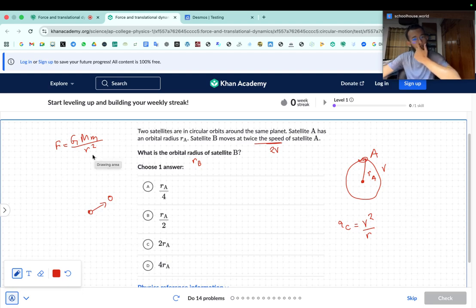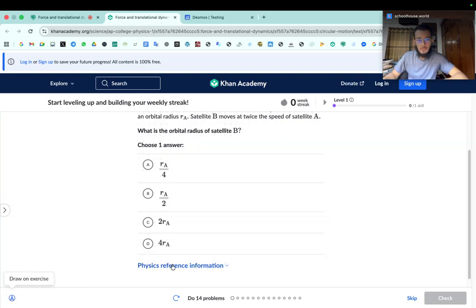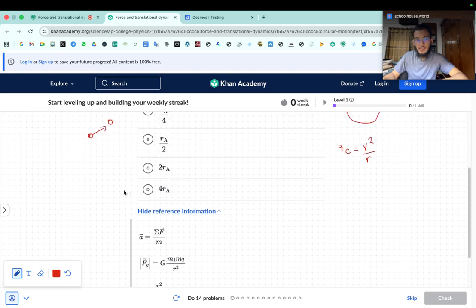Now this M is the mass for the planet. You could either write it as m1 times m2 or capital M for the mass of the planet. Either of them works.